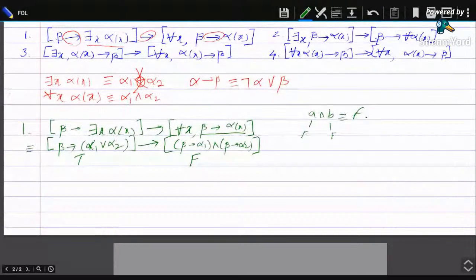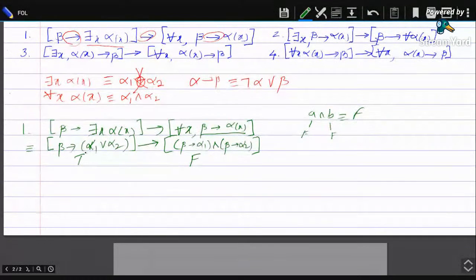So just A is false, sufficient. This is going to be false. If only B is false, sufficient. This is going to be false. Okay, let me check it. Done. Okay. So what can we do? We can either say this one is false, or you can say this one is false, or you can say both are false. Okay, let's keep it like this.